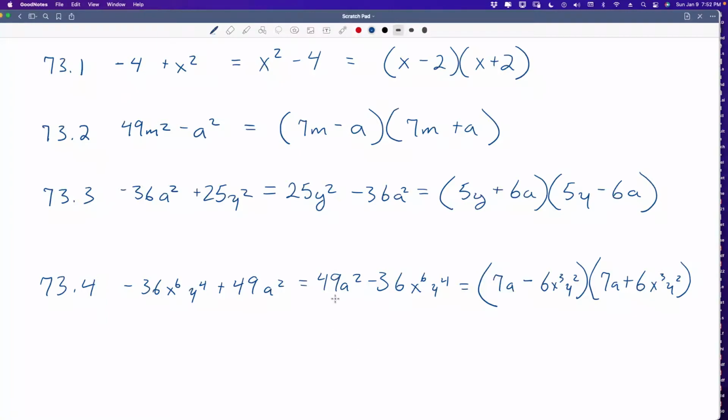If you could take this number right here and put it under a square root and get a result that's easy to see, that's easy to factor, then you can do it. And if you could do this to both of these, then you'll be just fine. Then you can factor everything within it.